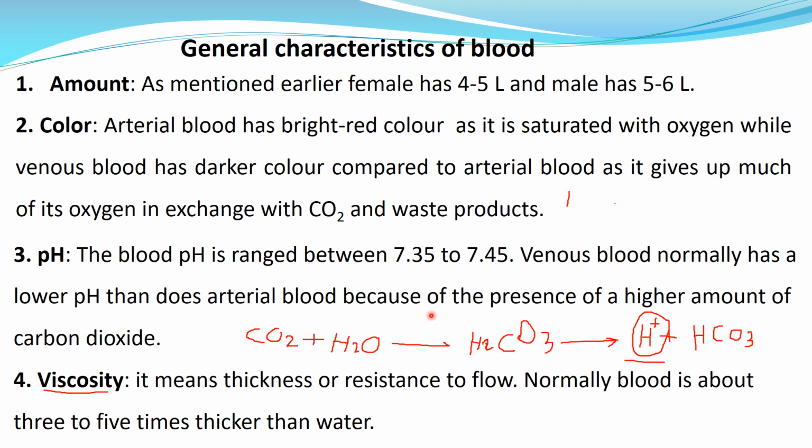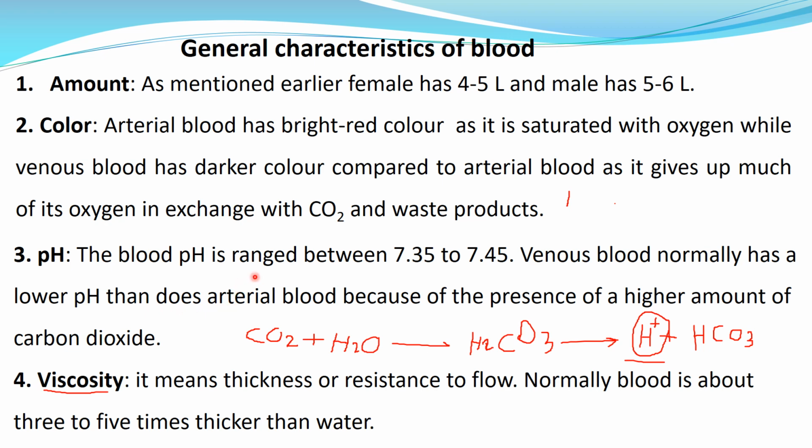This complex is not a stable complex, so it dissociates to form hydrogen and HCO3. So when you have hydrogen within a medium or within a solution, it makes it a bit acidic compared to what? To a solution without the hydrogen. So that's why the venous blood has a bit lower pH compared to what?